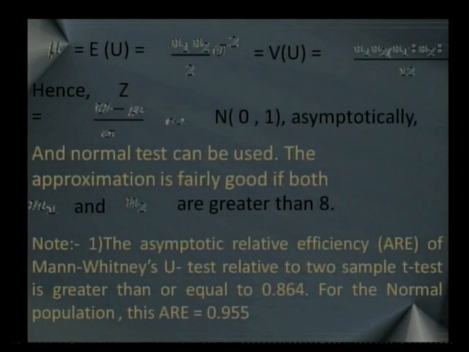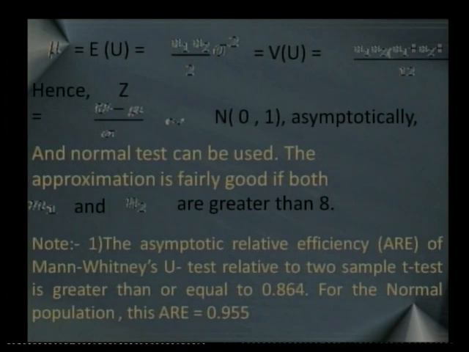One note is that the asymptotic relative efficiency, ARE, of the Mann-Whitney U-test relative to the two-sample t-test is greater than 0.864. So sometimes the Mann-Whitney U-test is considered to be the best.